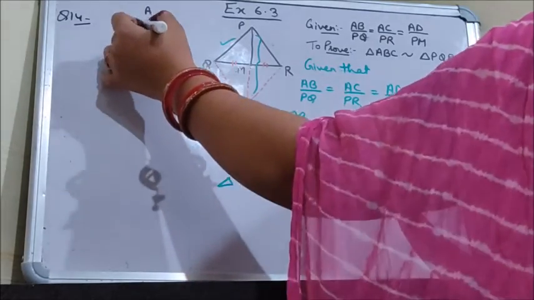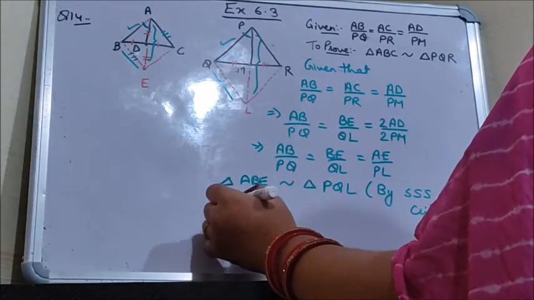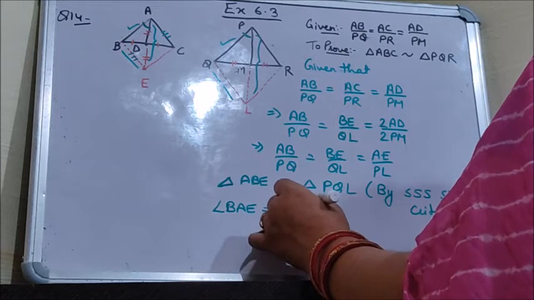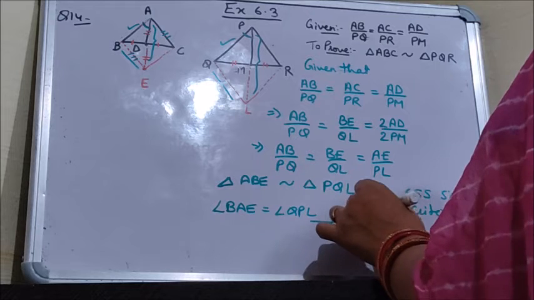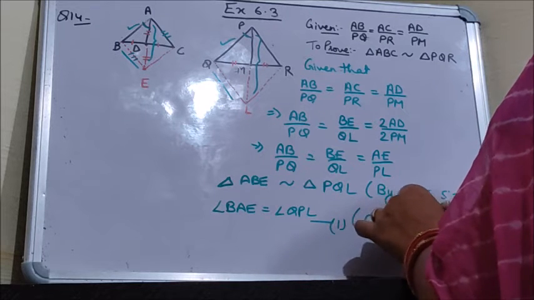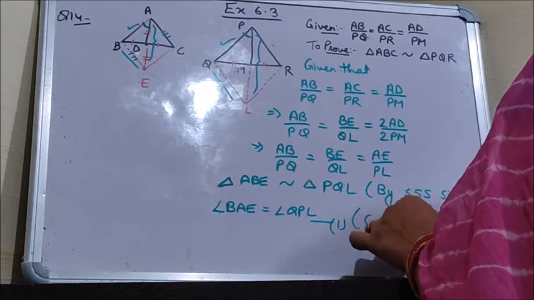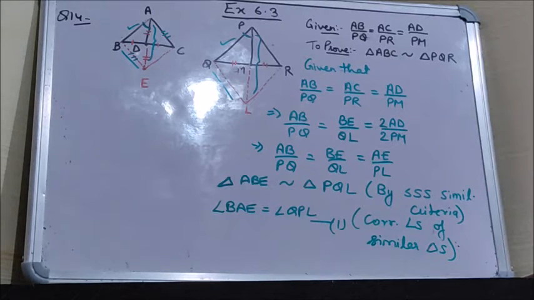So angle BAE is equal to angle QPL. Let it be the first equation, and the reason is corresponding angles of similar triangles.